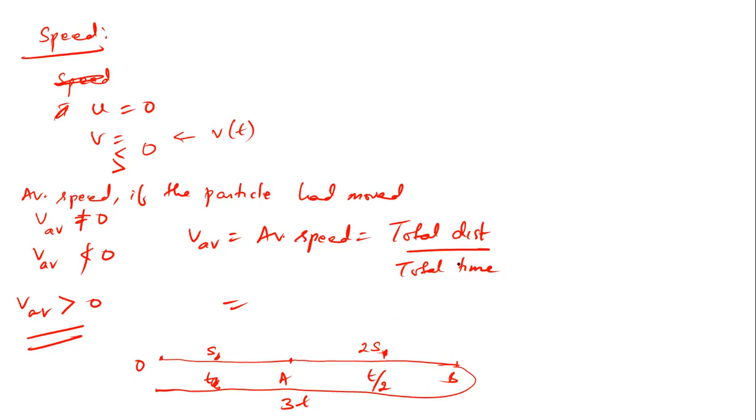Now if I want to find the average speed here, the total distance will be S plus 2S, 3S, and when returning back, it's again 3S, so 3S plus 3S is 6S, divided by total time taken.